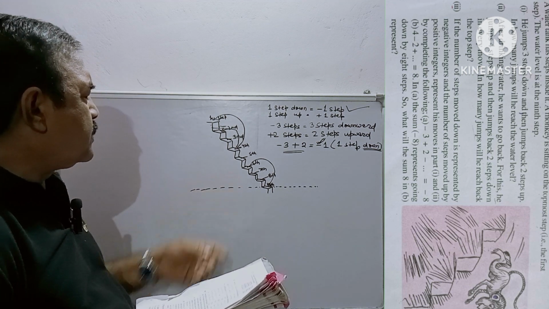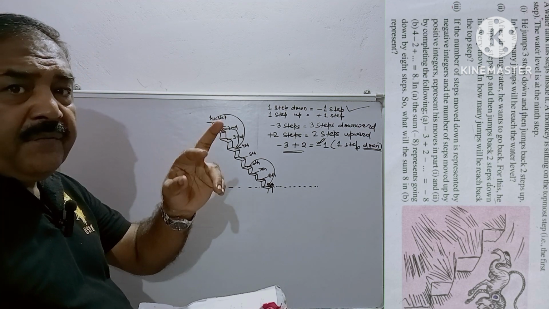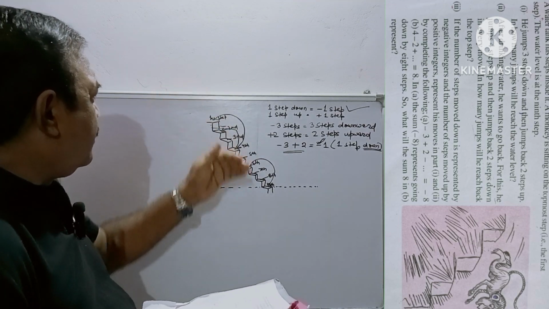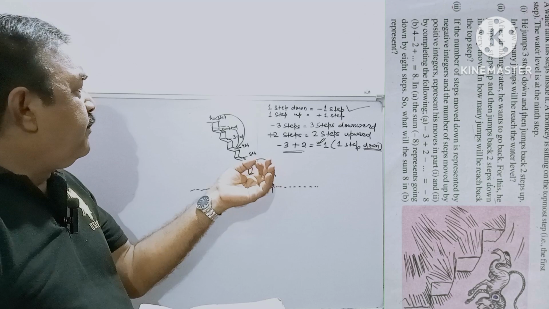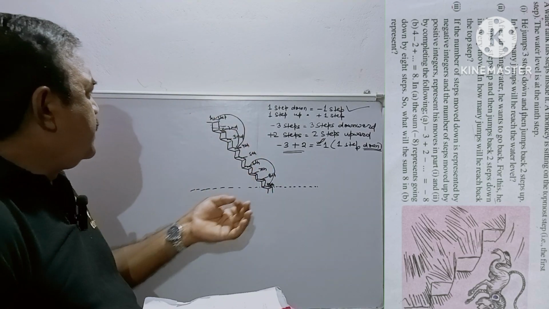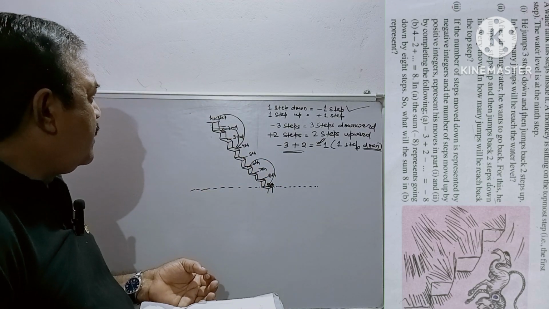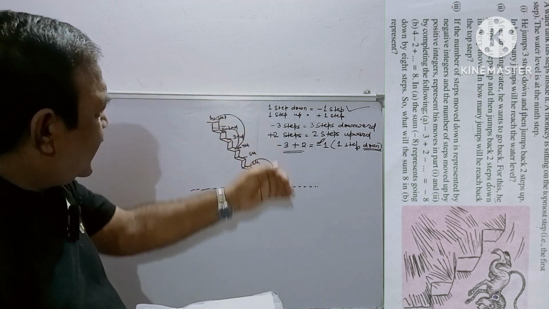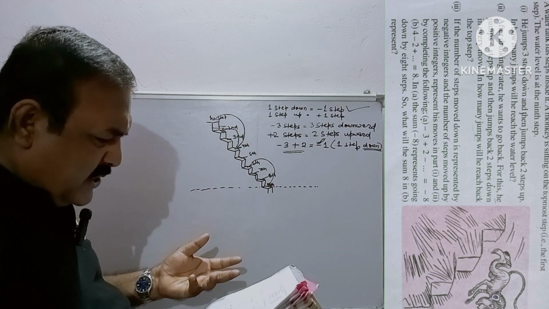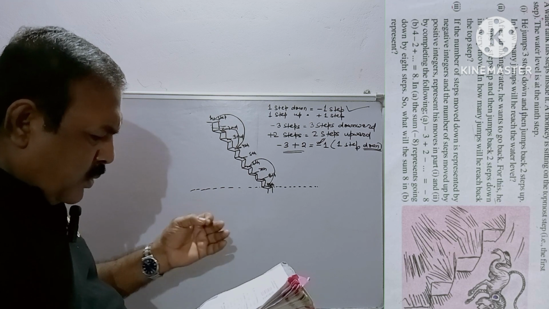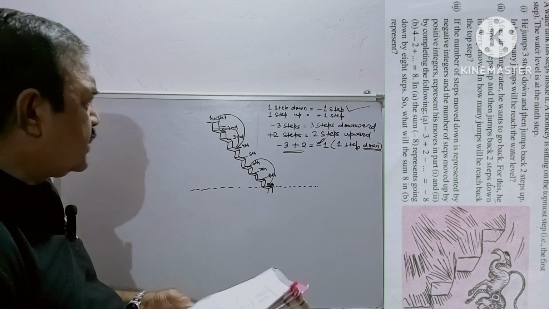So when he moves, the movement differs. When he was moving downward, in a single jump he moved 3 steps down, then he moved 2 steps up. But in this case, that movement changed. How? Now he jumps 4 steps up and then jumps back 2 steps.